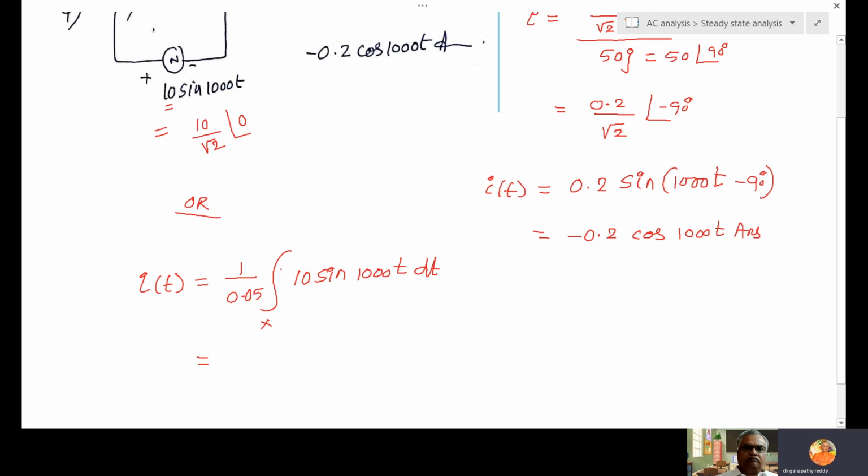Without any limits, integrate, and you will get the same answer, minus 0.2 cos 1000t.